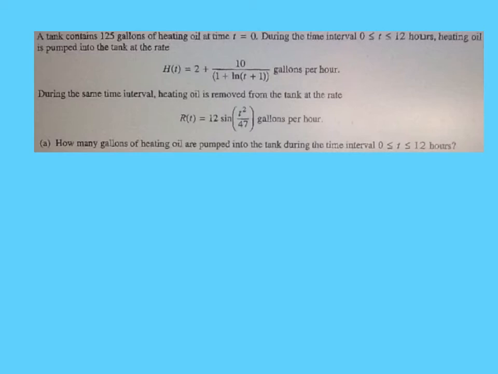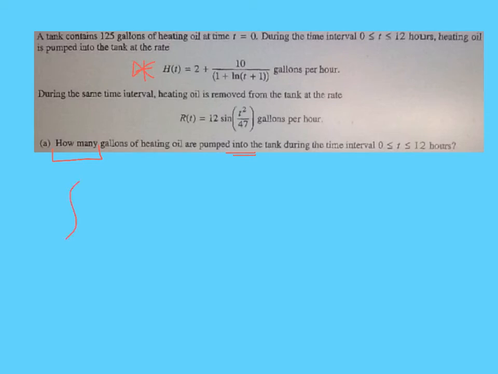This is going to be 4 parts here, but we're going to start off by being asked how many gallons of heating oil are pumped into the tank during the time 0 to 12. So we want the total amount of oil that is pumped in.